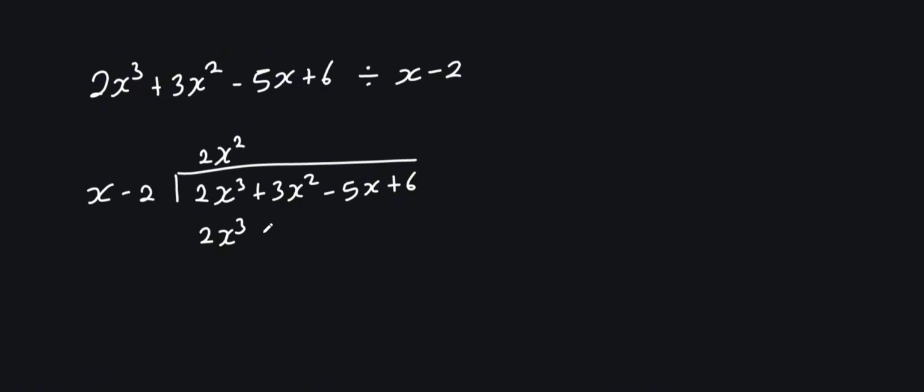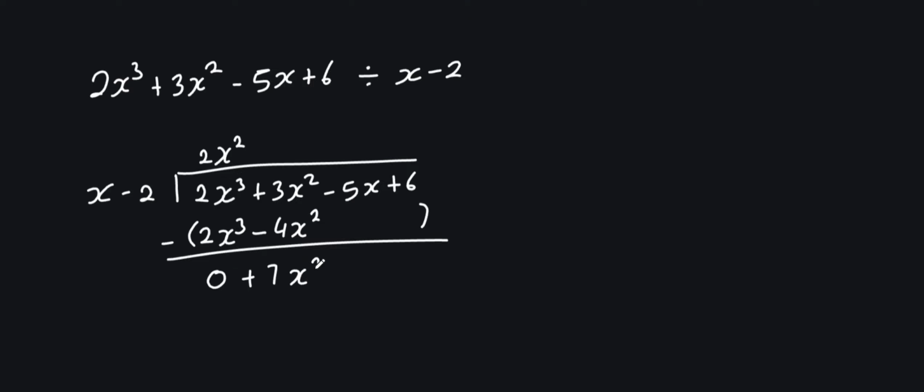We're going to subtract everything here. So 2x cubed minus 2x cubed is 0. 3x squared minus negative 4x squared is the same as 3x squared plus 4x squared. So 3 plus 4 is plus 7x squared.